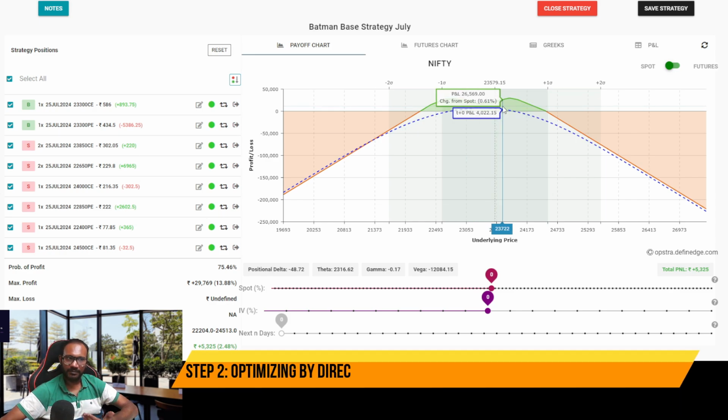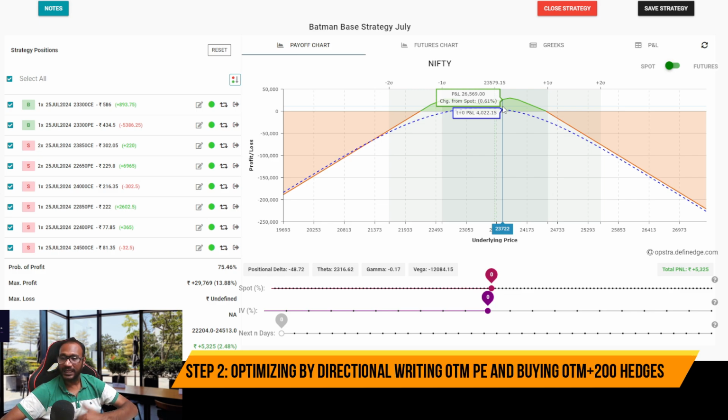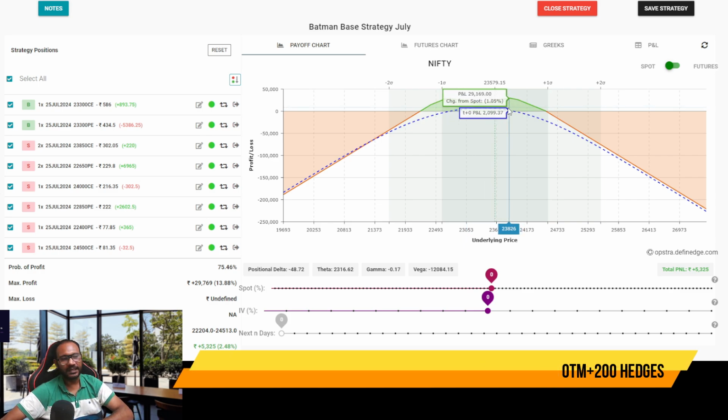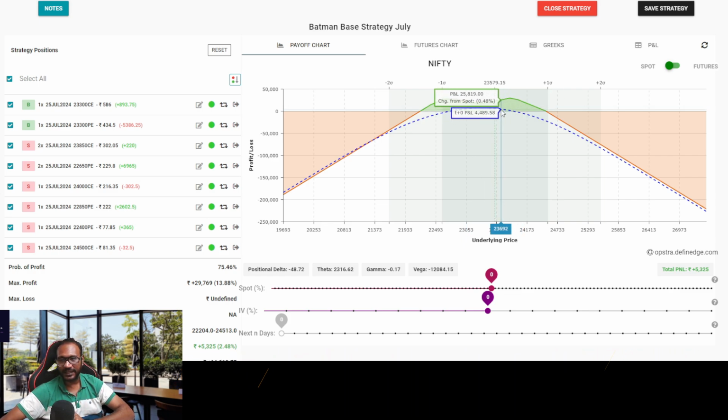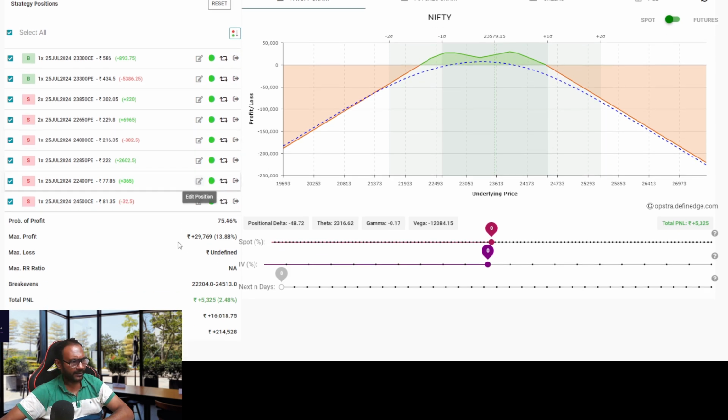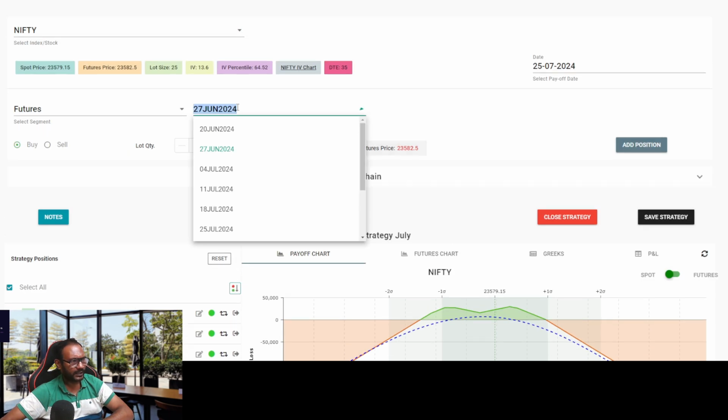Because call premiums are way too high, they will be eroding much faster than put premiums appreciating. That is one. The second thing is that I can buy the edges at a much cheaper price now because the market has moved too far away to the right side. So this is the adjustment I'm going to do. First thing is that I would like to go ahead and add the July contract.